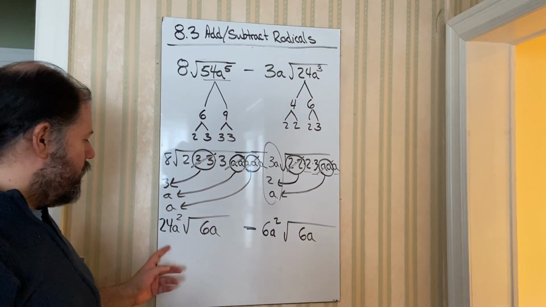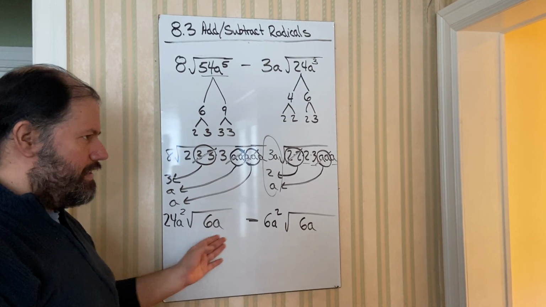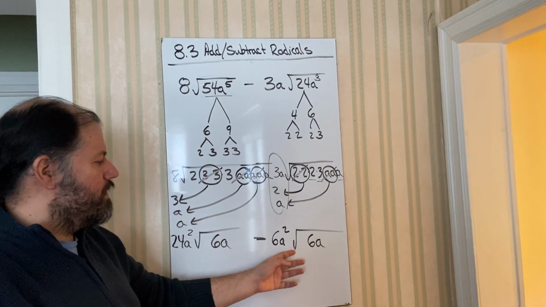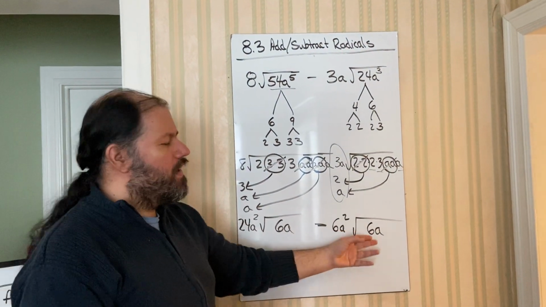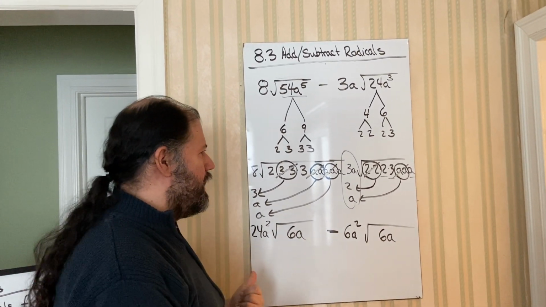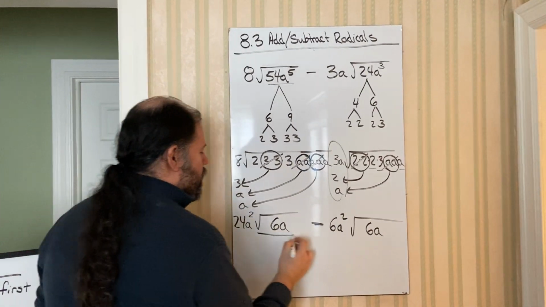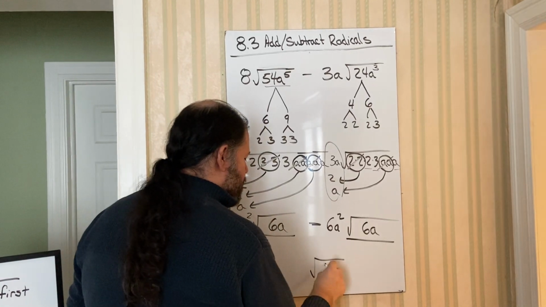So if you have 24a squared times square root of 6a minus 6a squared times square root of 6a, what you just have to realize is that these are like terms. The same radicand, 6a, the same roots, square root. So whatchamacallit stays whatchamacallit.